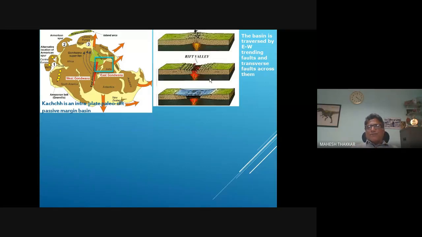But the major point which I would like to stress here is that the small blocks which occurred due to this faulting, these fault blocks, are tilted towards the continent, and that is very important for storing the Mesozoic sediments in the early phase.